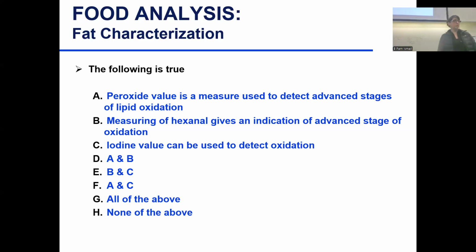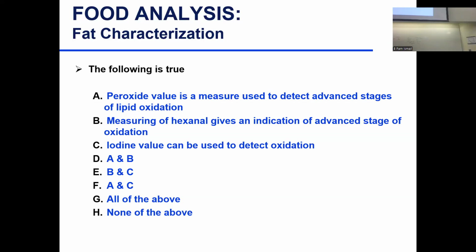Iodine value, have you heard of that? Okay, you haven't. We're going to talk about it, but C is correct. The iodine value determines the extent of polyunsaturation. The higher the number of unsaturated double bonds, the higher your iodine value. So if we oxidize lipid, what happens to the double bonds? Do they increase or decrease?